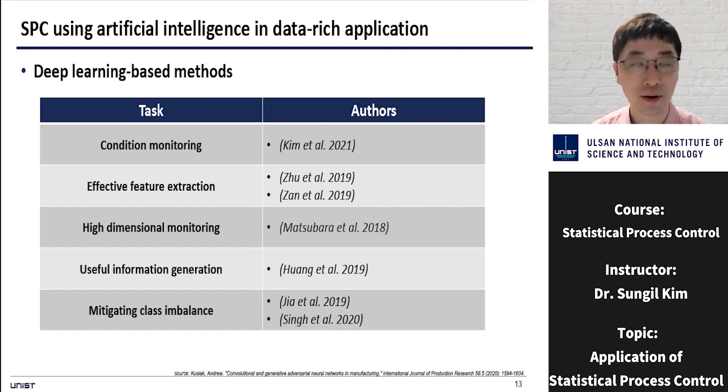Among them, I will briefly introduce how convolutional neural networks, CNN, and generative adversarial networks can be used with SPC to conduct the following tasks, such as condition monitoring, effective feature extraction, useful information generation, high-dimensional monitoring, and mitigating class imbalance.